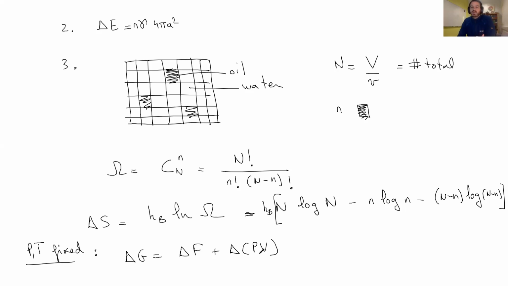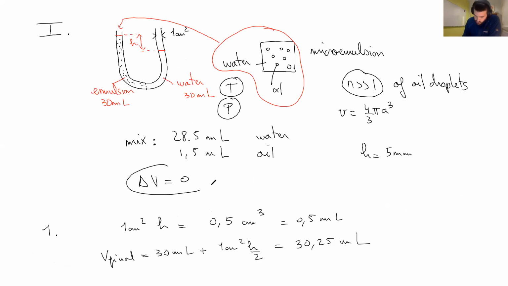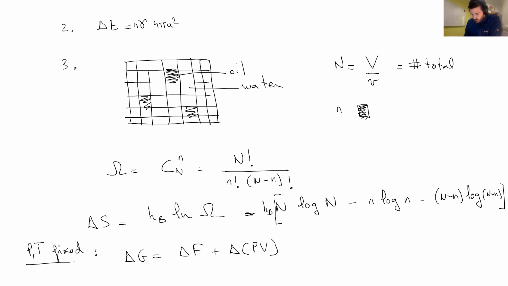But P is fixed, it is the external pressure, the atmospheric one, and we said that there is no volume of mixing here. Remember, we assumed that there was no change of volume when you put the two species together. Therefore, this is 0, and in fact, delta G is equal to delta F.